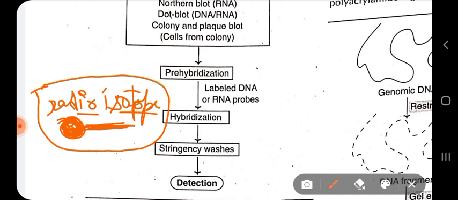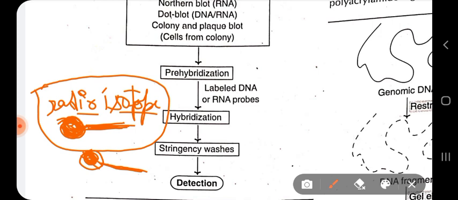Generally these are small single strands of DNA or RNA used to detect the presence of a complementary nucleic acid sequence, which is your target sequence, by hybridization. Most of the time these probes are labeled with some sort of fluorophore or tagged with radioisotope for easy detection of where they have hybridized.